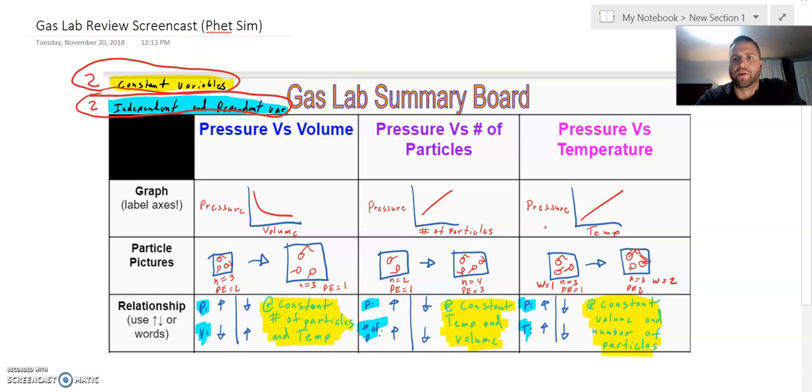And that is a hallmark of each experiment. We kept 2 things the same, manipulated a variable that affected the pressure. Pressure was always located on our y-axis. So notice how that holds true to this summary. And the variable that we manipulated was always put on the x, as shown here.